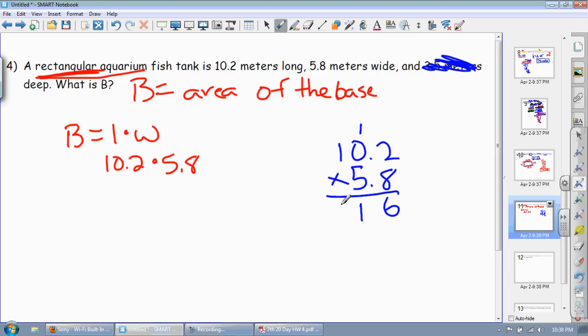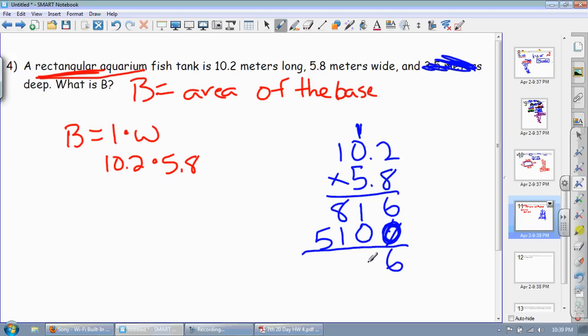That's a 0. 5 times 2 is 10. 5 times 0 is 0, plus 1 is 1, and then 5. Add these up, we get 6, 1, 9, 5.